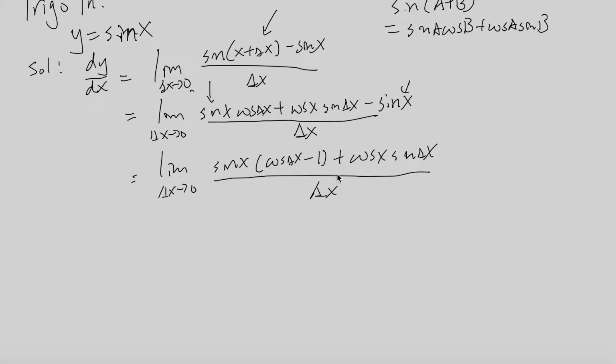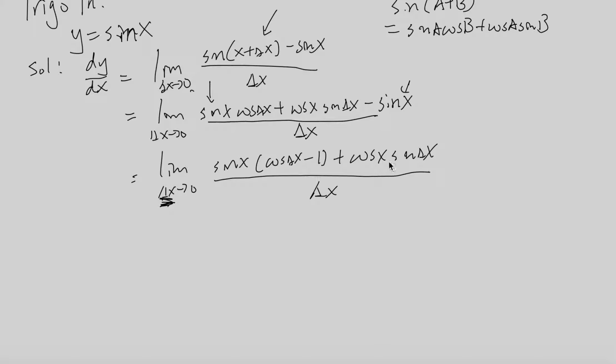Now I have to tell you one very important concept about limits. We are focusing on the limit of these fractions as delta x tends to 0, which means the variable I am concerned with is delta x, but not x. So this sine x can be ignored, because it has nothing to do with delta x.